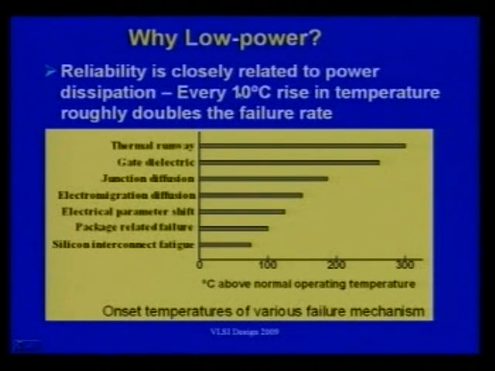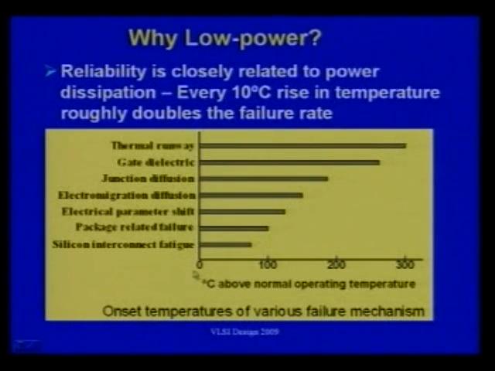Reliability is closely related to power dissipation, and it has been observed that every 10-degree rise in temperature roughly doubles the failure rate. Why? You will find that there are a number of failure mechanisms, for example silicon interconnect fatigue, package related failure, electrical parameter shift, electromigration diffusion, junction diffusion, gate dielectric, thermal runaway. I am not going into the details of these mechanisms or phenomena, but because of these phenomena happening within the chip, the processors will fail.